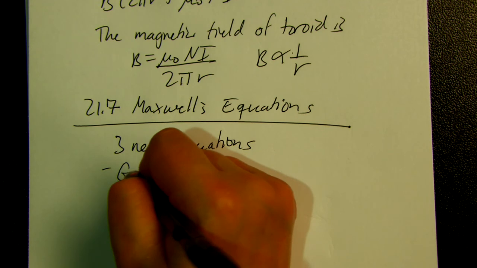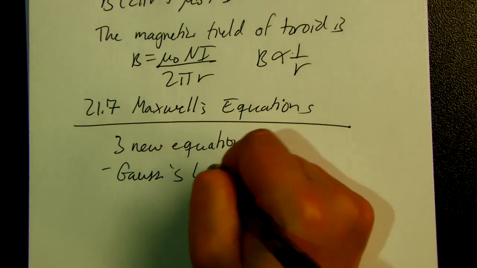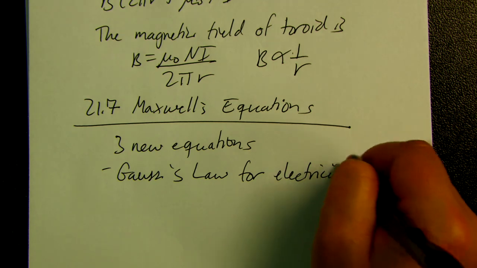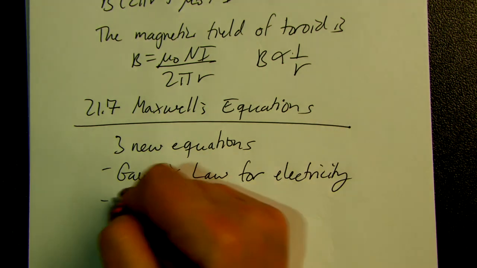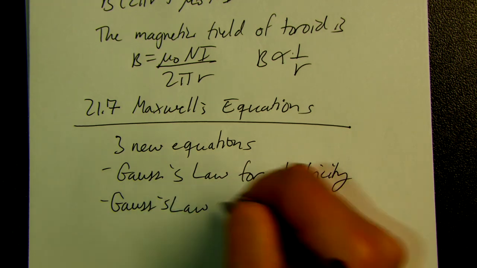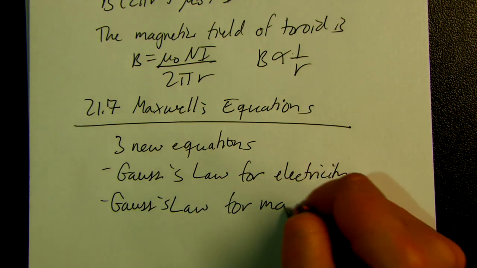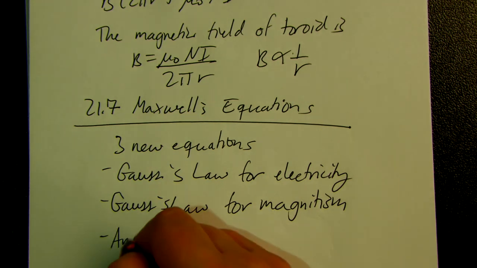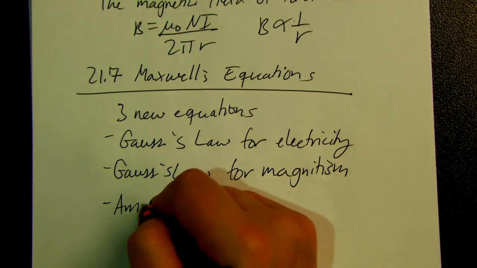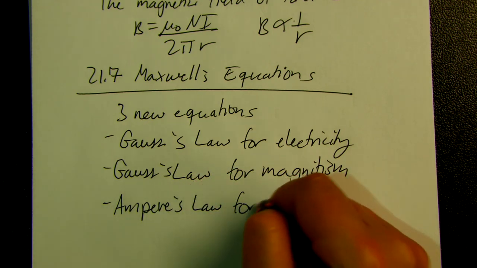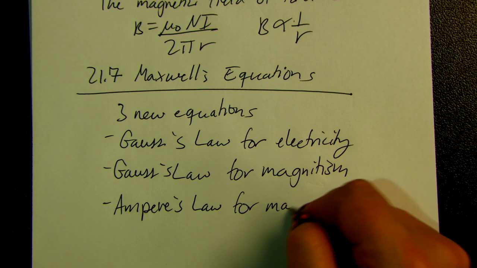We have Gauss's law for electricity, Gauss's law for magnetism, and Ampere's law for magnetism.